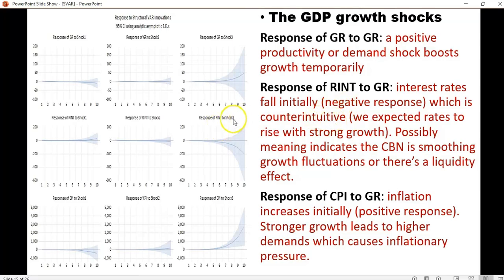We expect rate to rise with strong growth, possibly meaning that CBN is smoothing growth fluctuations or there is a liquidity effect. The response of inflation to growth rate: inflation increases initially, a positive response, which implies that stronger growth leads to higher demand, which causes inflationary pressures.